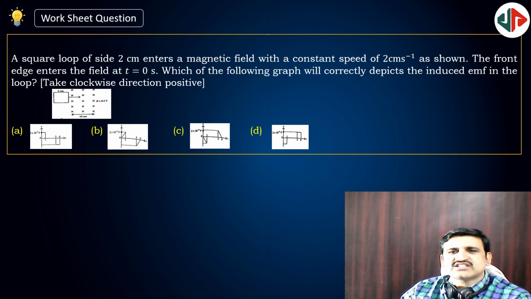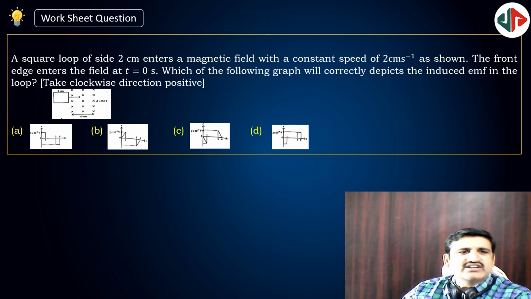A loop moves into a magnetic field at a constant speed of 2 centimeters per second, as shown. Which of the following graphs will correctly represent the induced EMF in the loop? Take clockwise direction as positive. When the first rod enters, EMF will be generated, and it is moving with constant velocity, so BLV will come, and until the second rod also enters, BLV will continue.